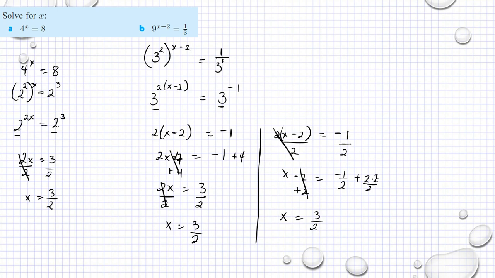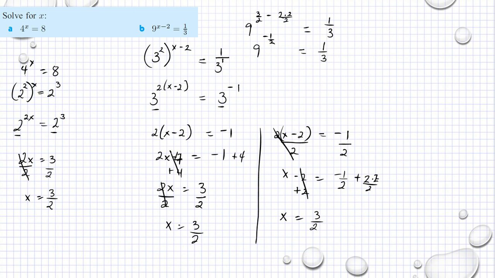Can we check if they are the same? So if I have 9 raised to 3/2 minus 2 is equal to 1/3. So this is now 9 raised to negative 1/2, is equal to 1/3.